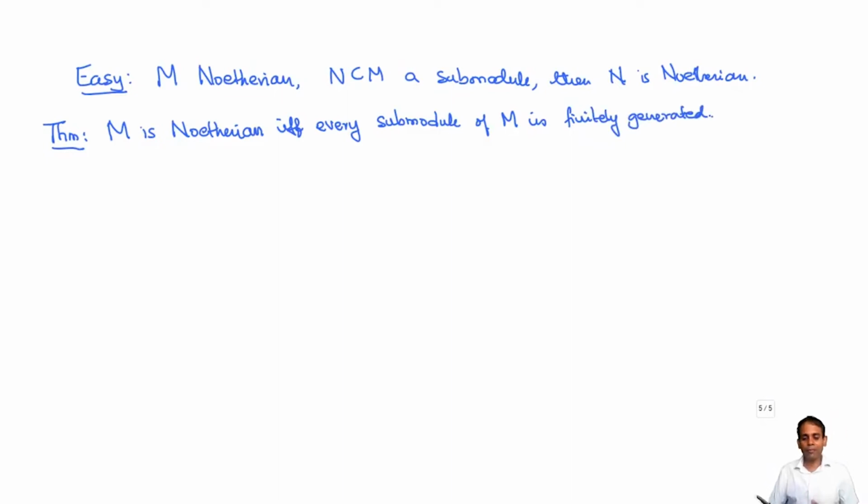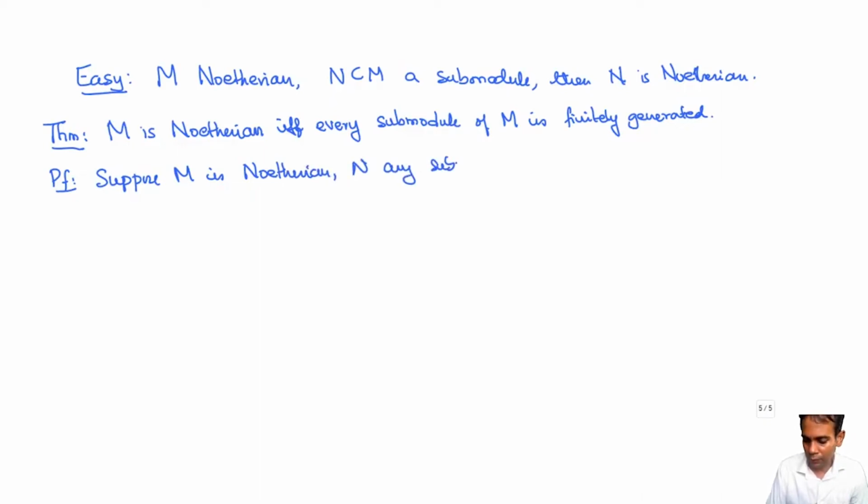Not only is M finitely generated, every submodule of M should also be finitely generated. Proof: if M is Noetherian, let's prove that the submodules are finitely generated. So suppose M is Noetherian and N is any submodule, then of course N is Noetherian.